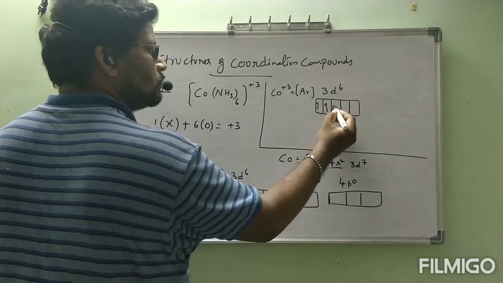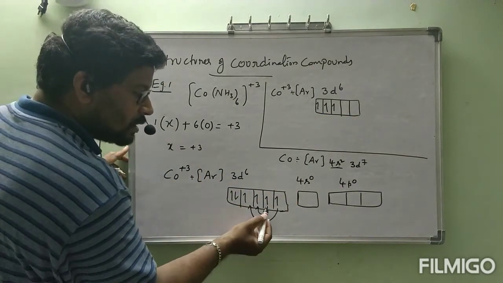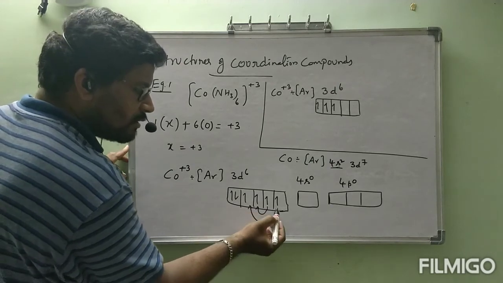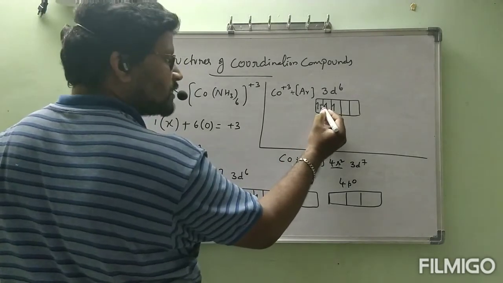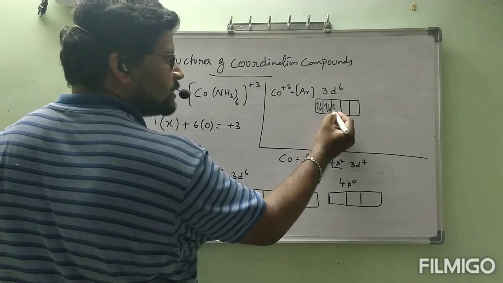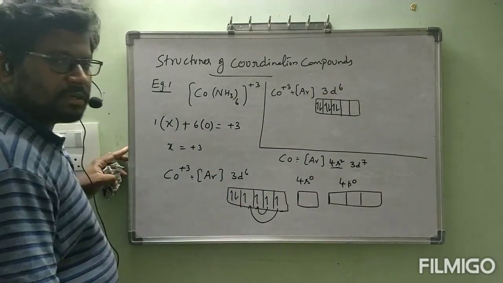Actually we have to write like this, but what is going to happen? The fourth electron is going to pair with the third electron, and the fifth electron is going to pair with the second electron. The first orbital already contains paired electrons, even the second orbital contains paired electrons, and the third orbital also contains paired electrons.